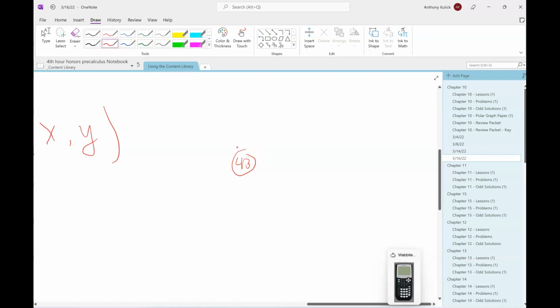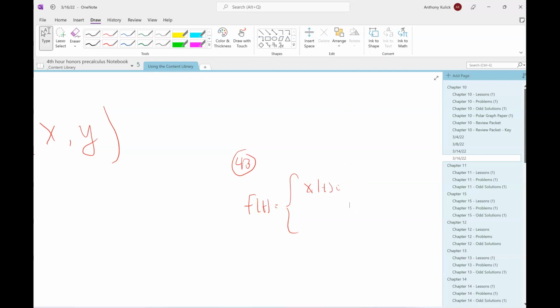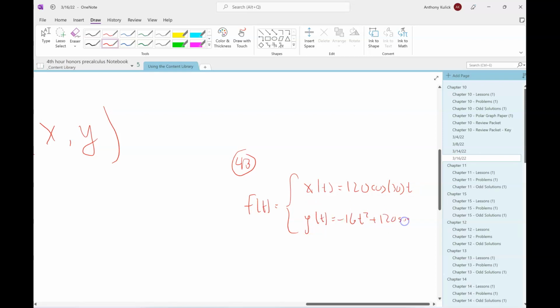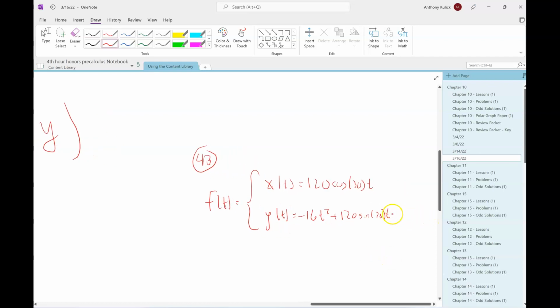All right, so we wrote our parametric equation. So what do we have? x(t) = 120 cosine 30t, y(t) = negative 16t squared plus 120 sine 30t plus 4.